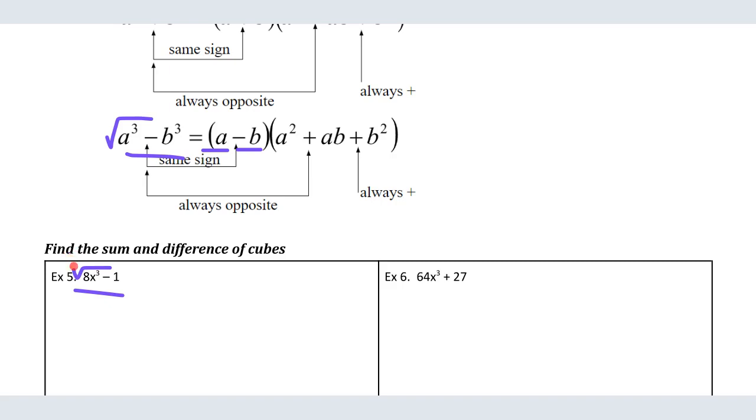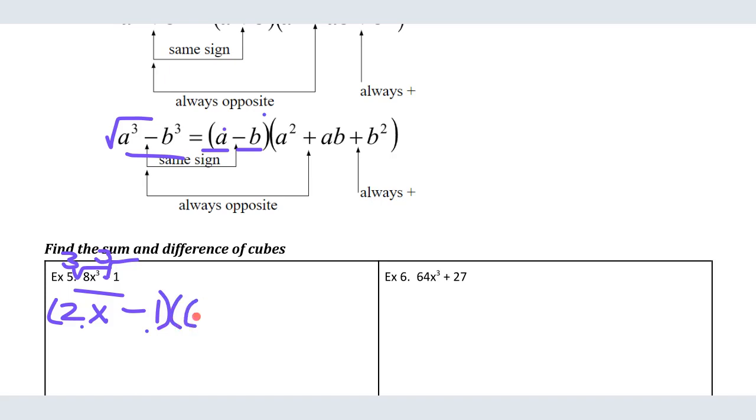Cube root of 8 is 2. Cube root of x to the third is x. Cube root of 1 is 1. So a is 2x and b is 1.